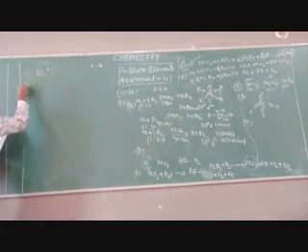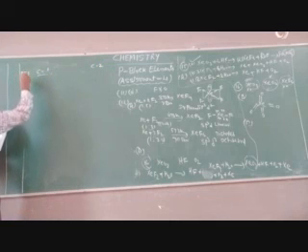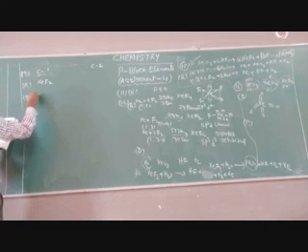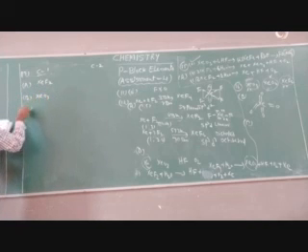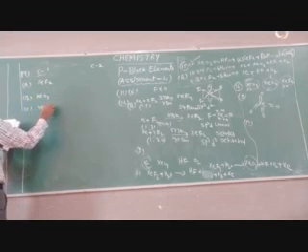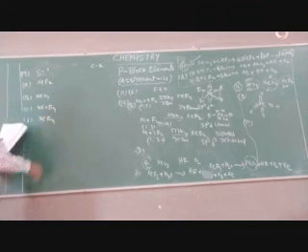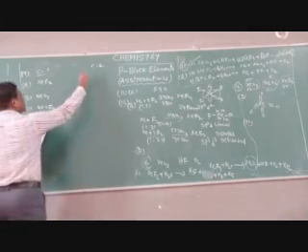Compounds are given in column 1. A is given XeF2. B is given XeO3. C is given XeOF4. And D is given XeF4.